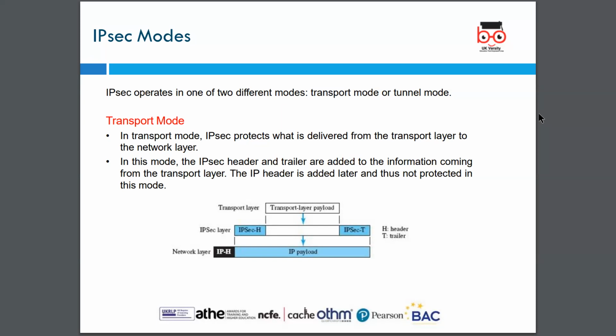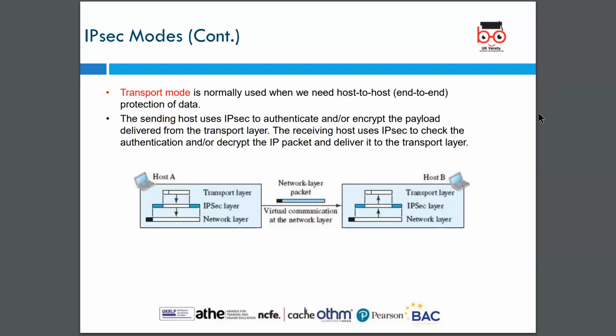With transport mode, IP security will protect what is delivered from the transport layer to the network layer, and it is basically going to ensure that this transition happens in the smoothest way. Here we have an image showing how transport mode is done from our host A to our host B.